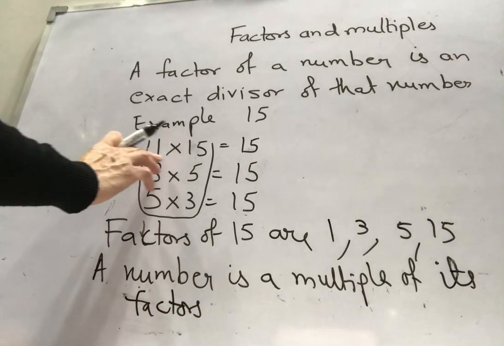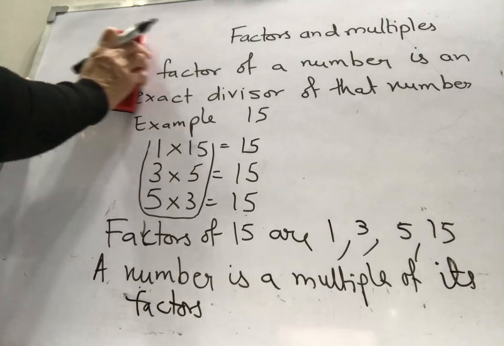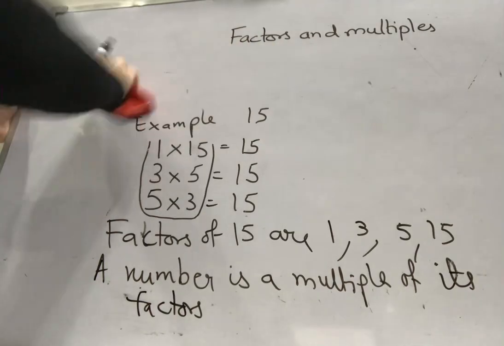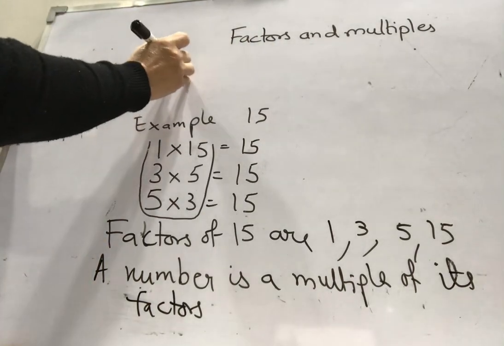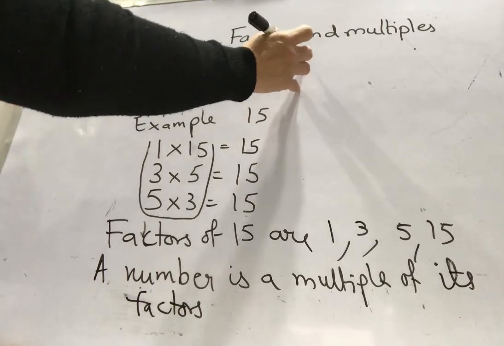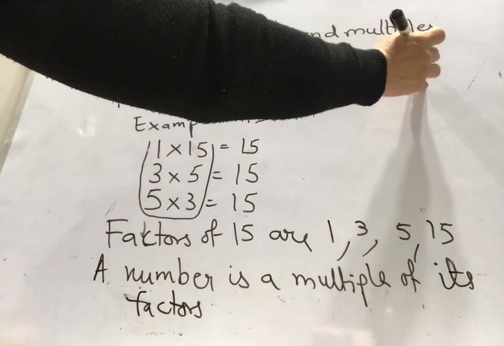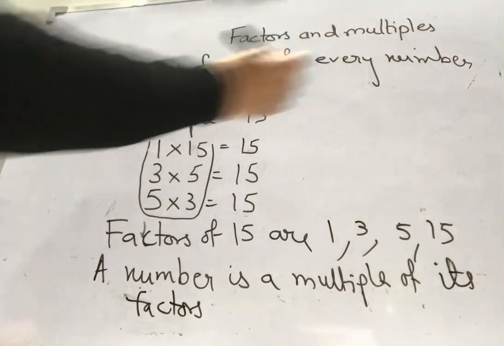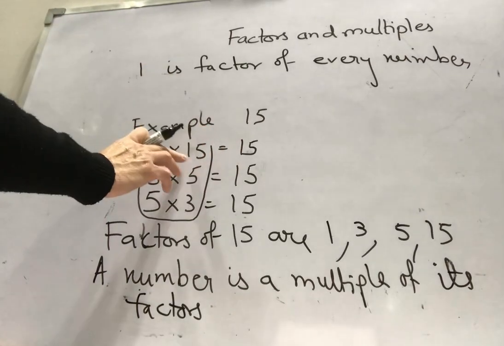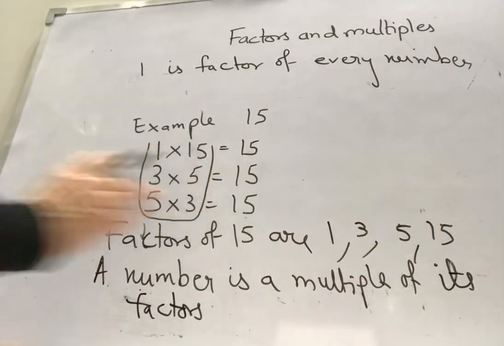Now you will see 1 is a factor of every number. So we can write: 1 is a factor of every number. And you can see the number itself is also its factor. We have seen 15 here, so 1, 3, 5 and 15 are the factors we have written.